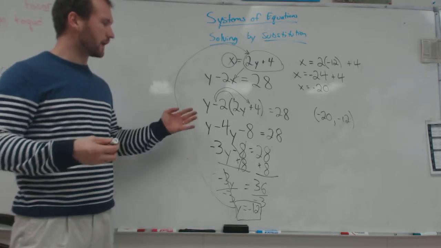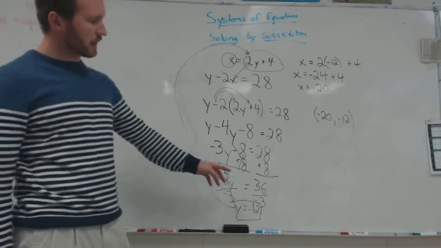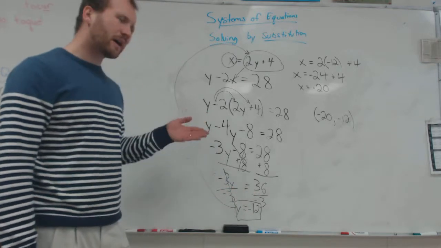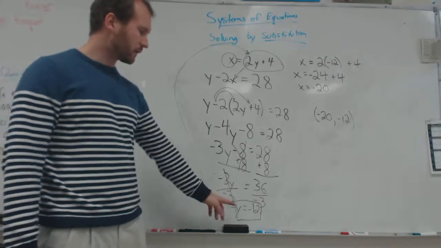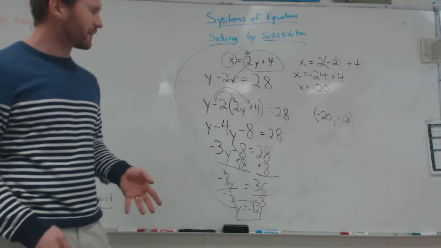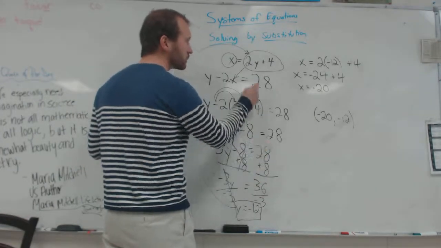Because I know that this is a negative number, I'm going to just look one more time at this. 36 divided by negative 3. Okay, positive divided by a negative is a negative. 36 divided by 3 is 12. I'm just checking that that made sense. Y was negative 12.